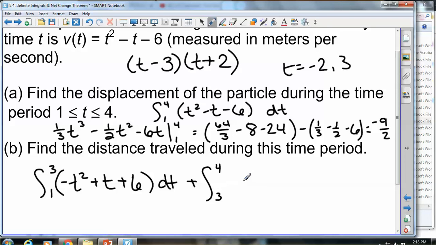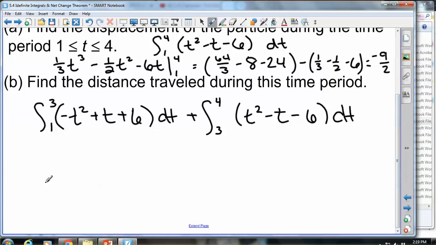If I put in a number between 3 and 4, it is positive, so we don't change our function. You could also look at the graph of this and just see where it's above and below the axis.